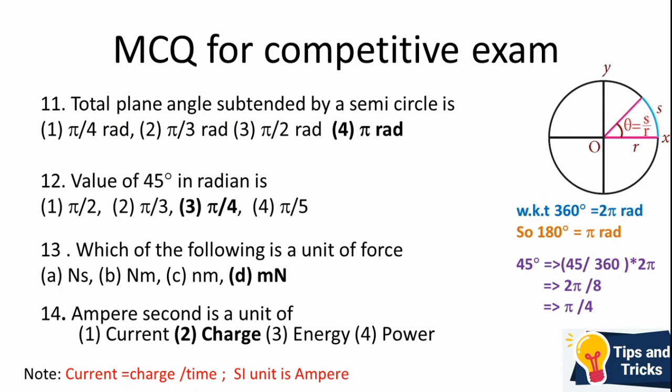So the charge is current multiplied by time, which will be equal to ampere into second. So the correct option is option 2. Ampere second is the unit of charge.